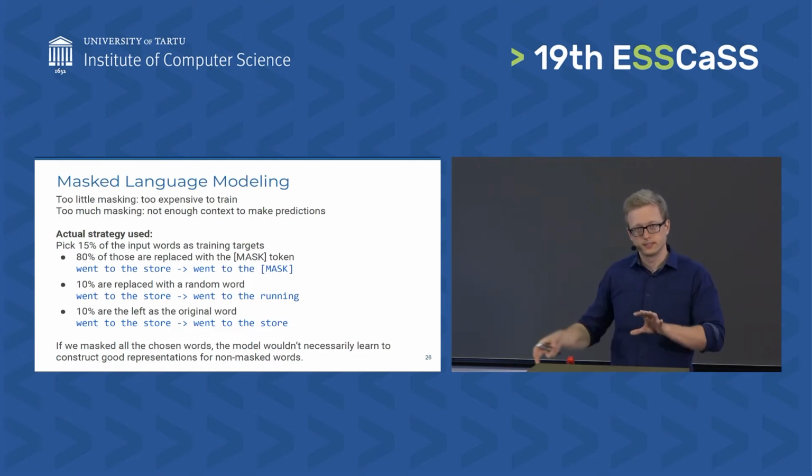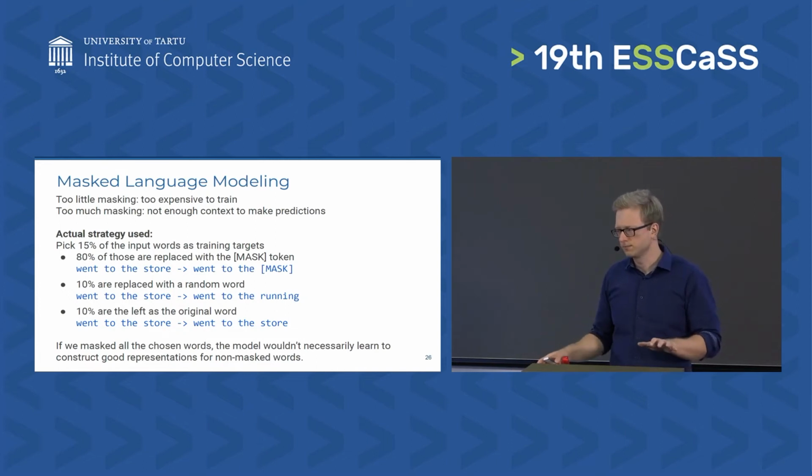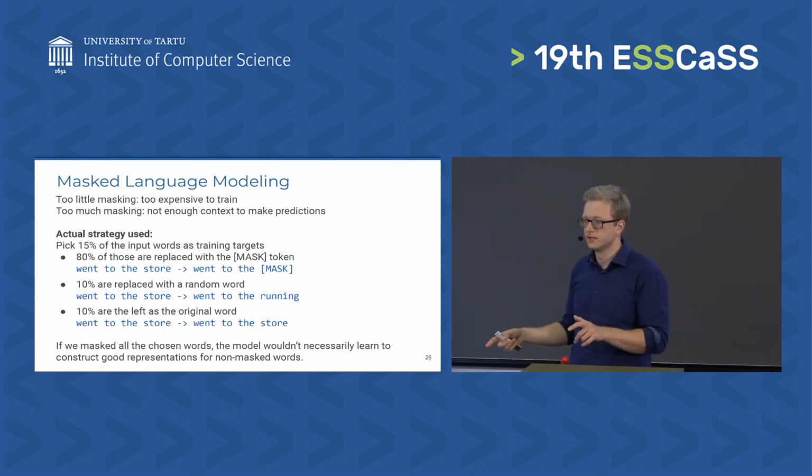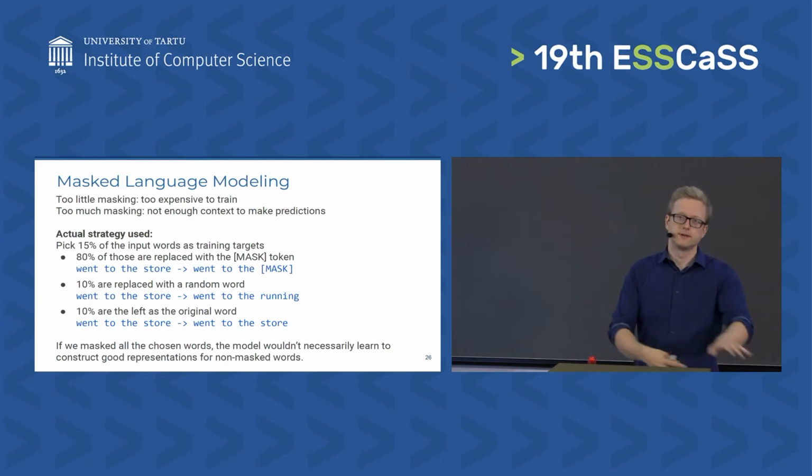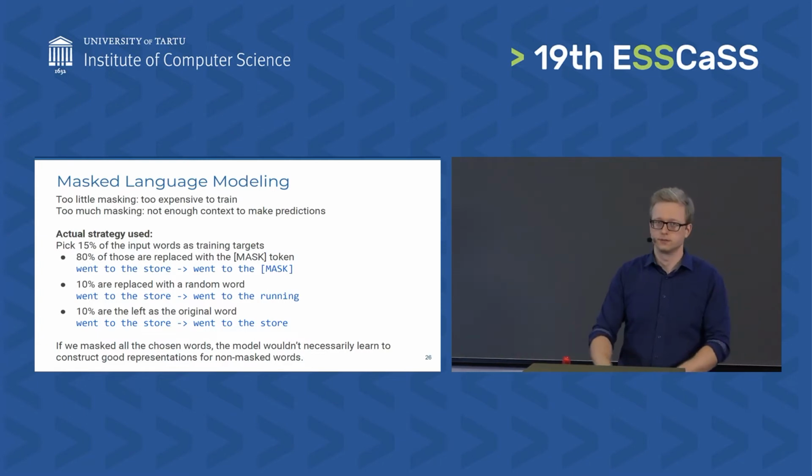This might seem like a strange strategy, but the idea is that if we just masked everything that we select, all those 15%, then there's no guarantee that the model will actually learn good vector representations for words that are not masked. Because during training, it only needs vector representations for words that are masked. That's where the training objective is located.